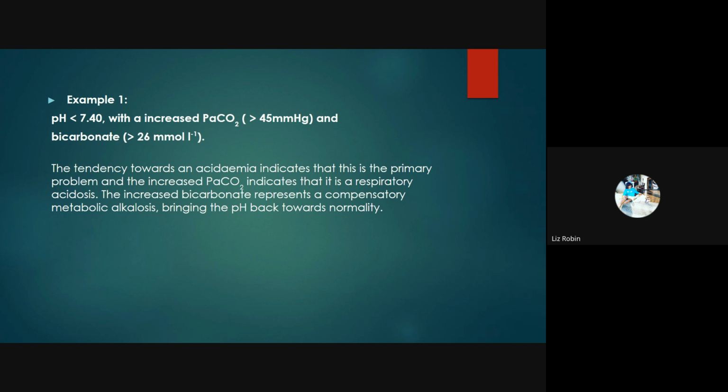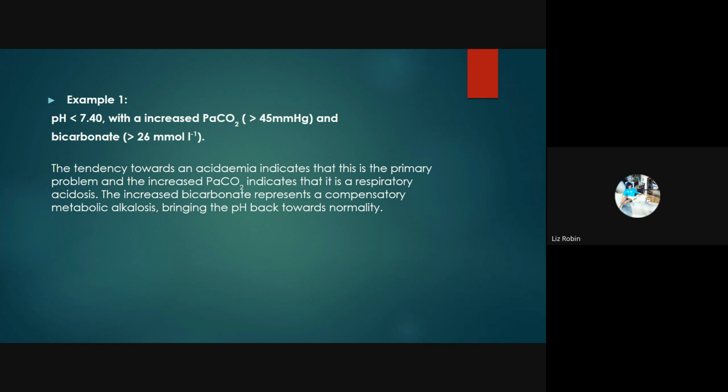He has acidemia. That's the primary problem, and there's an increased PCO2, which indicates that the patient is in a state of respiratory acidosis. So what does the body do to counter this? It will increase the bicarb levels. The normal bicarb today is 24. In this patient, the bicarb was 26. Because of that, the pH is brought towards almost normality in this person.